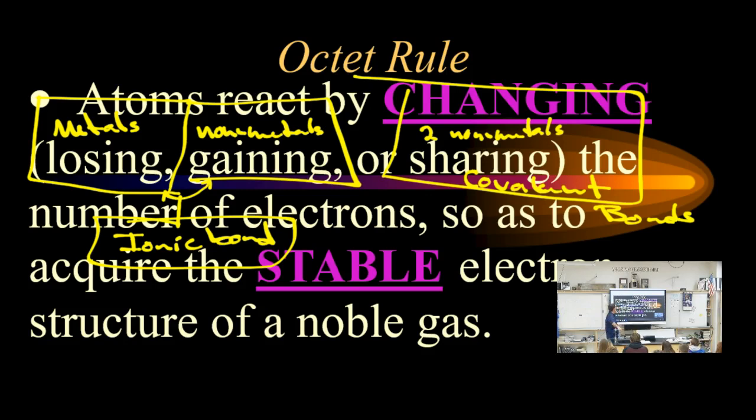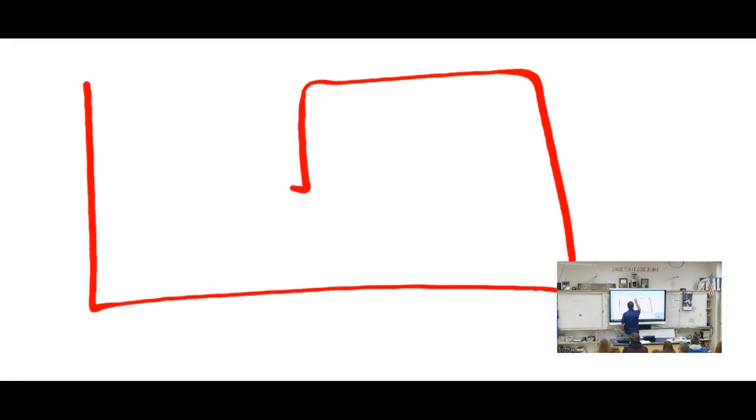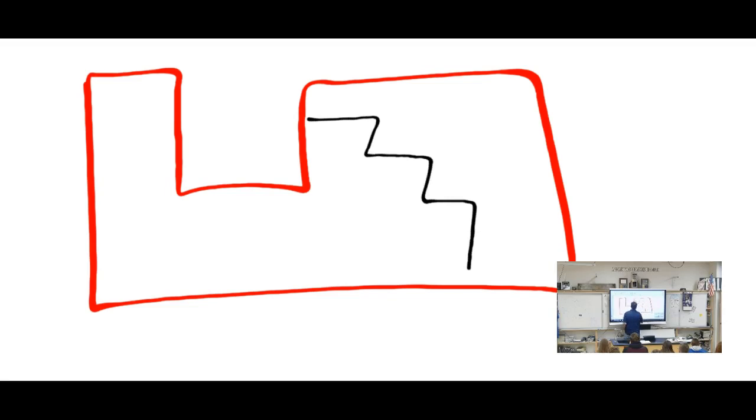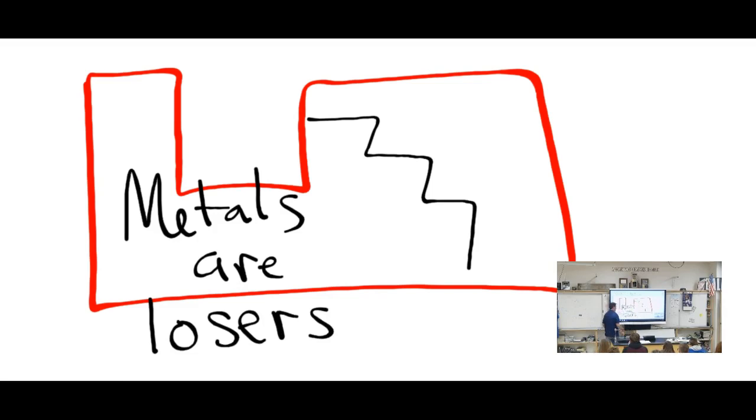All right. Now, yesterday we wrote a little periodic table, and I used a word that some people think is a little bit negative when I was referring to metals. Does anyone remember what I said about them? Metals are, maybe I didn't say it this hour, losers. Sad.